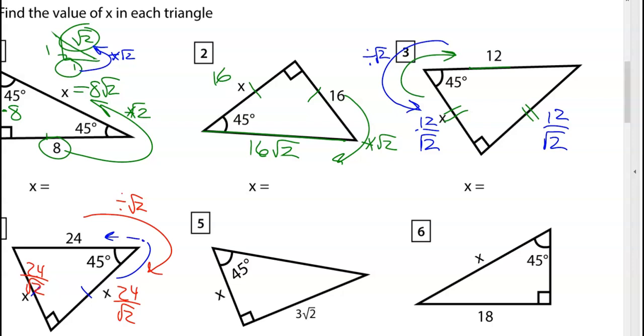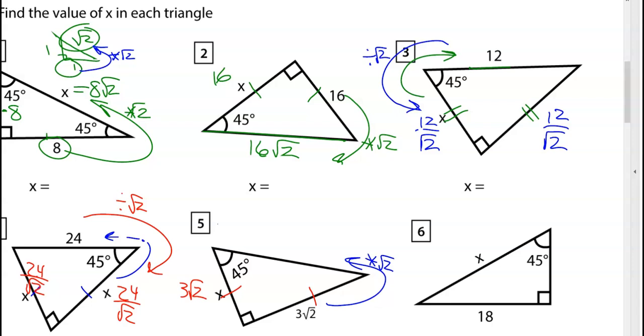In problem 5, the root 2 and the x are actually the equal sides. So that means x is root 2. If I wanted to find the hypotenuse, since I'm going to the longer length, I would multiply by root 2.